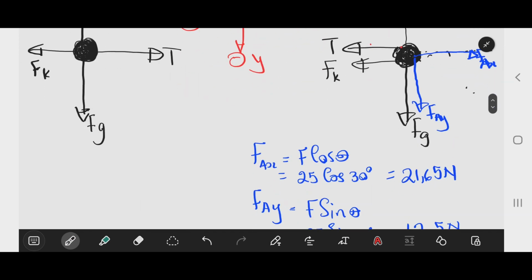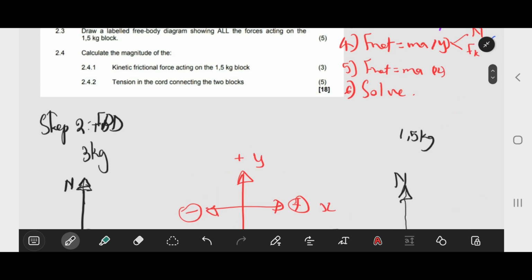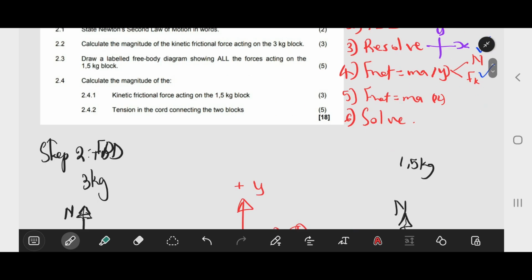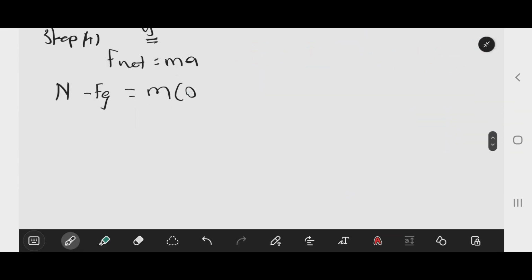We have 2 forces, and that is equal to the mass of the object multiplied by acceleration. But as you can see from this diagram, the objects are moving to the right, okay? They're not moving in the y direction. So acceleration in the y direction is equal to 0. So that would be mass multiplied by 0, and then normal force minus Fg is equal to 0.